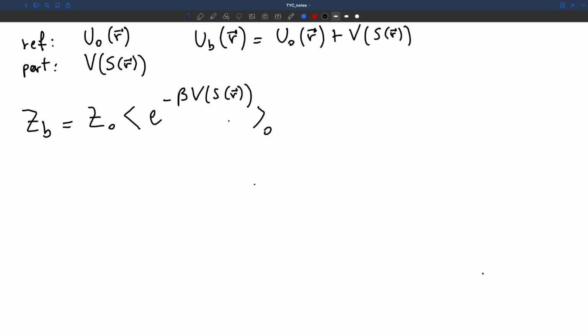This is now useful because Z_B enters the formal definition of the bias probability density that we are actually sampling in simulations.